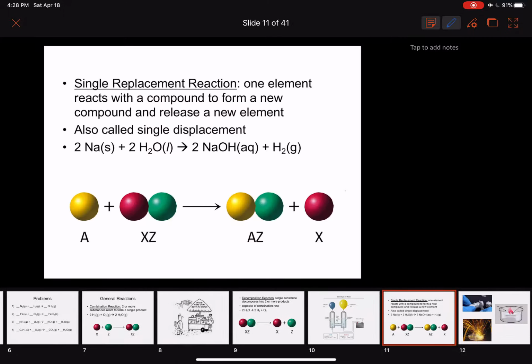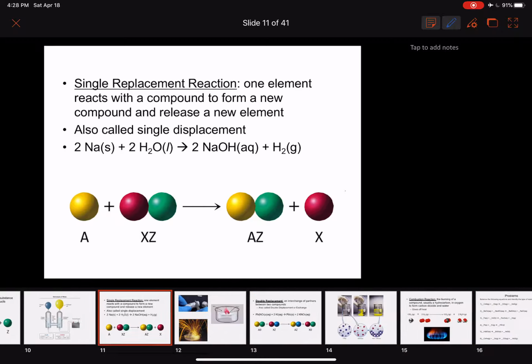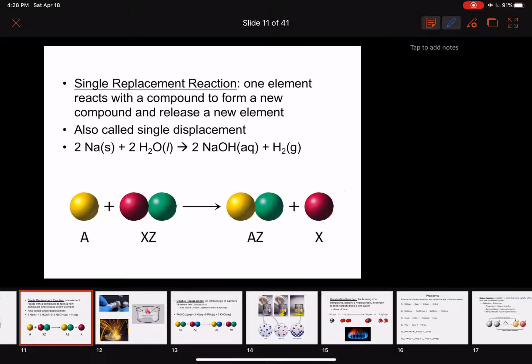The next type of reaction that you will see is called a single replacement reaction. It's also called a single displacement reaction. And what happens in the single replacement reaction is we have one element and it's going to react with a compound, and the element is gonna kick one part of the compound out and it's gonna bond with the other part of it.